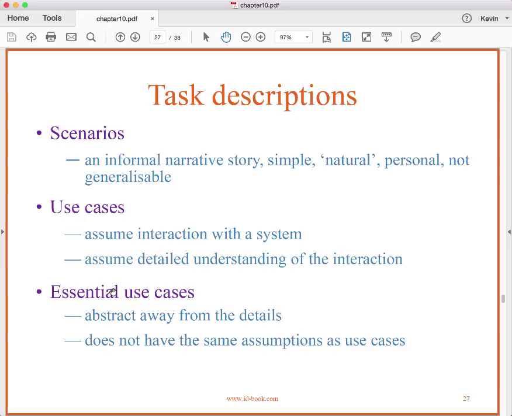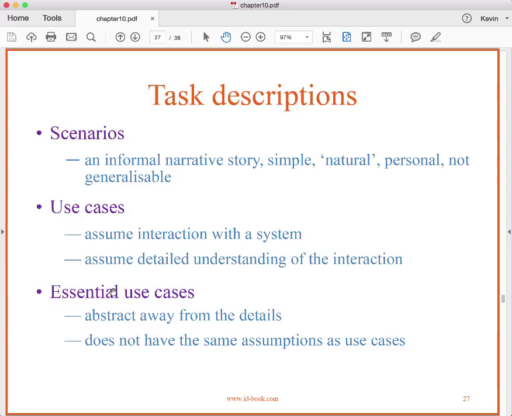And there's a fourth alternative that's not talked about within the chapter, but important to know about. And that is called user stories. User stories are part of Agile system development. They're kind of a cross between essential use cases and scenarios. They're lighter weight than use cases. They're more boiled down than use cases.